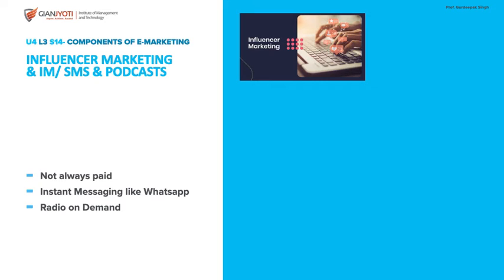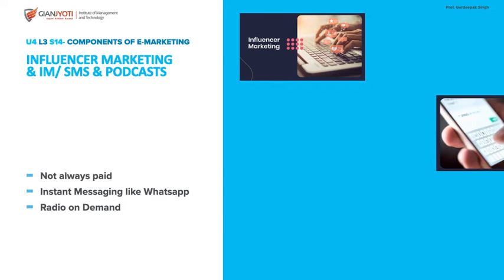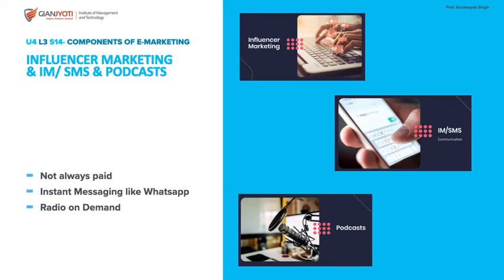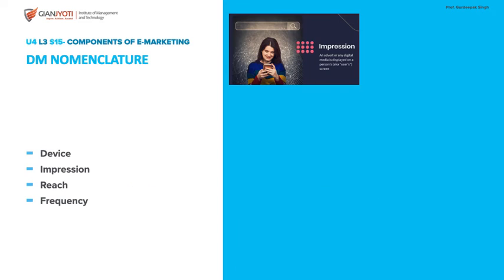Then you can use instant messaging like WhatsApp for your marketing. Similarly, podcasts, which we call radio on demand, are very popular these days, and podcast marketing is also catching up fast.